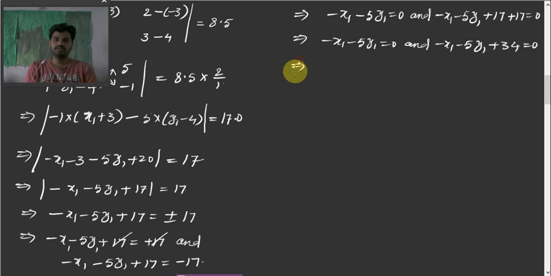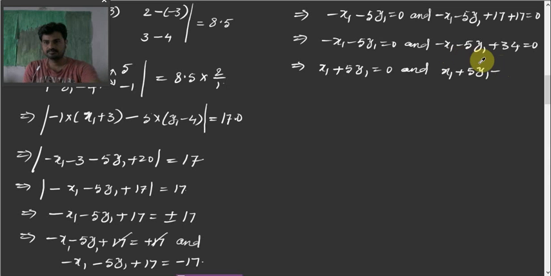Now every equation should start with a positive value, that's why I am going to multiply by a negative. So the signs of every term will be changed. In this equation also, x1 plus 5y1 minus 34 is equal to 0.